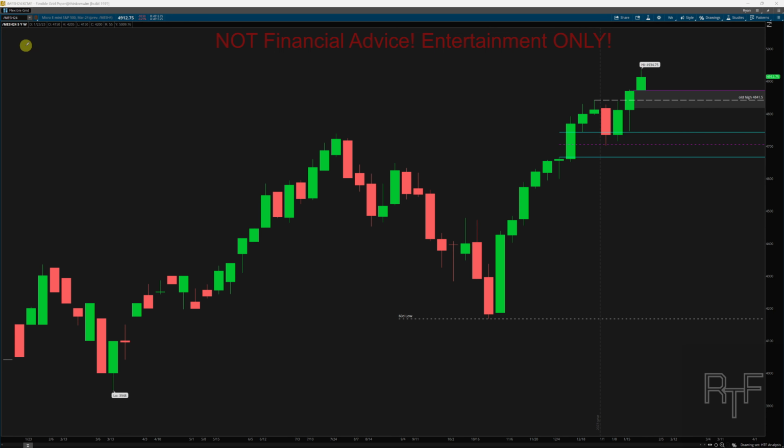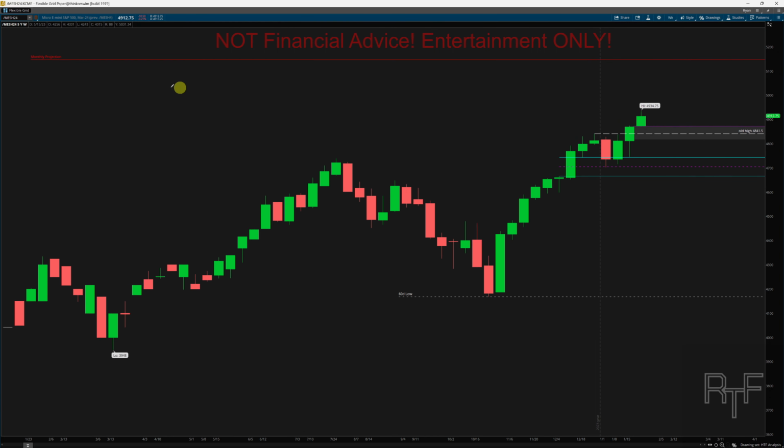Okay, so now we're in the weekly chart for the micro contract, and we see the price rallied up. Here we have a fair value gap where price came down about halfway to the consequent encroachment and then repelled away from it. We have a fair value gap here that took out an old high, and let's go down to the daily to take a look.